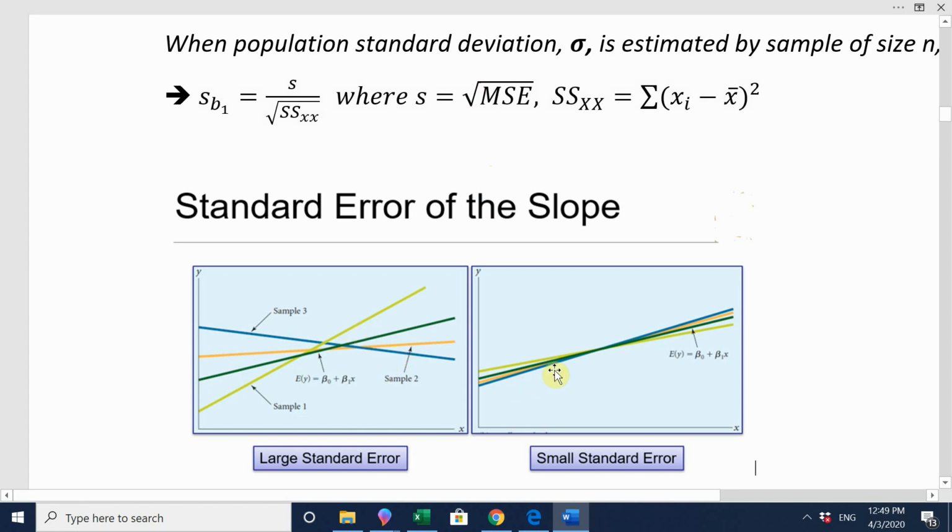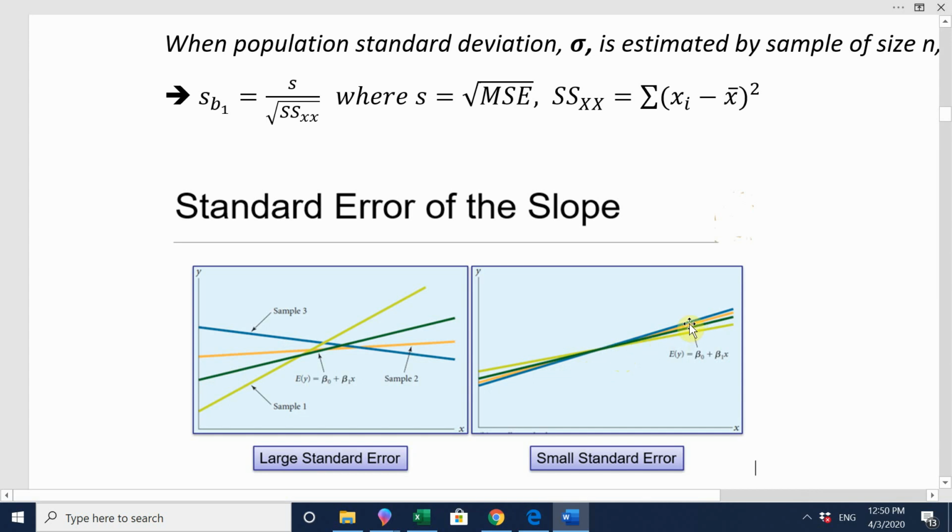On the other extreme, when the standard error of the residuals is small, right? Well, this means that your point estimates are very close to the true population values, and so we are getting very little dispersion. Hence, the standard error of the residuals is small.